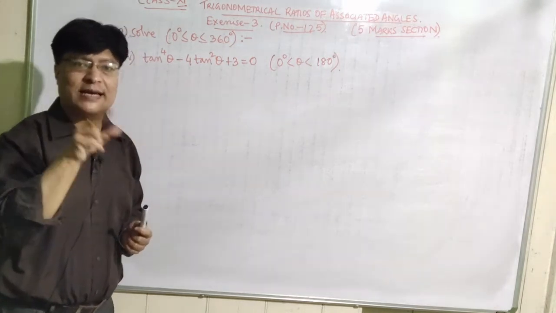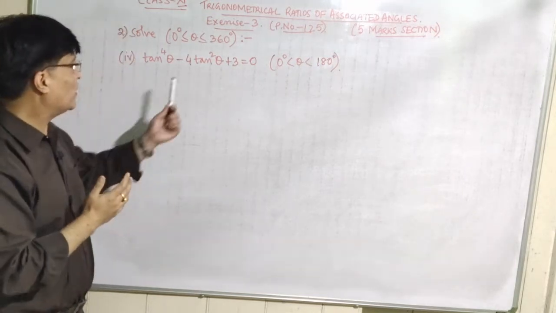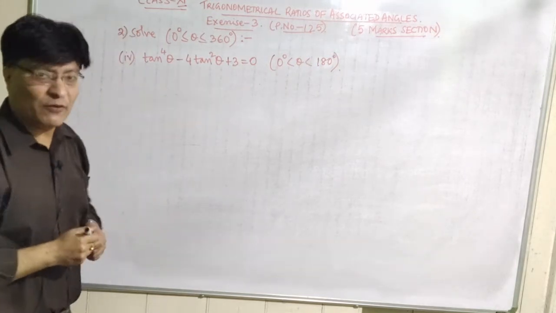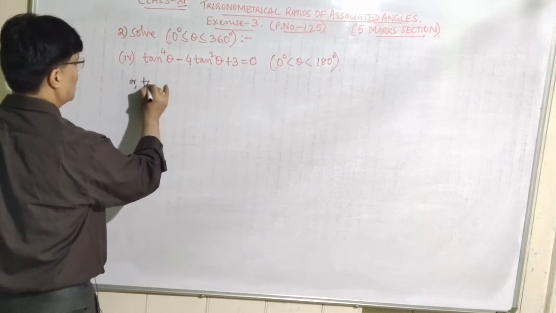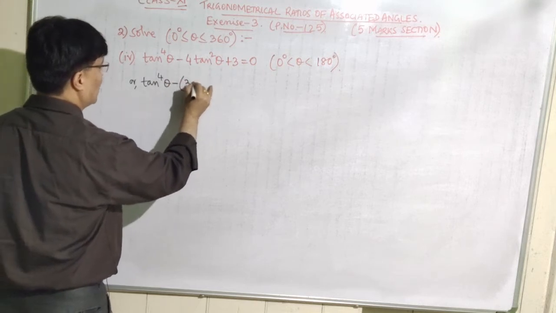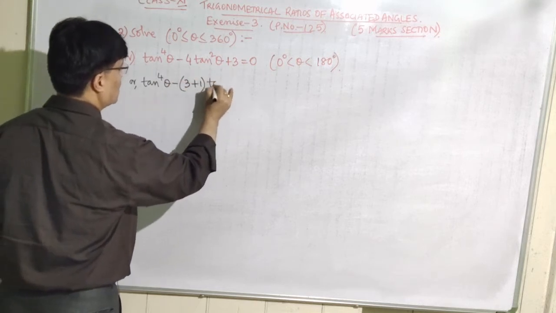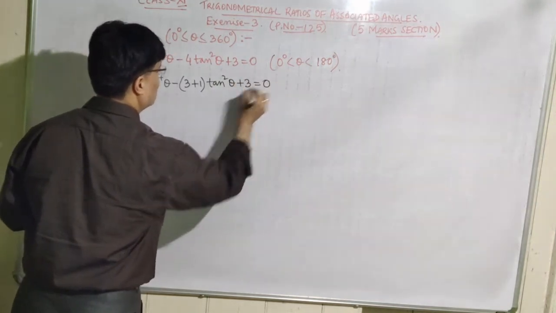That is, 3 ones are 3 and 3 plus 1 is 4. So in this way we can break this number 4. Let us factorize it: tan to the power 4 theta minus (3 plus 1) tan square theta plus 3 is equal to 0.